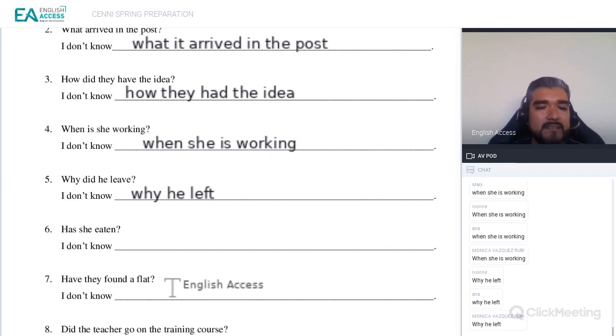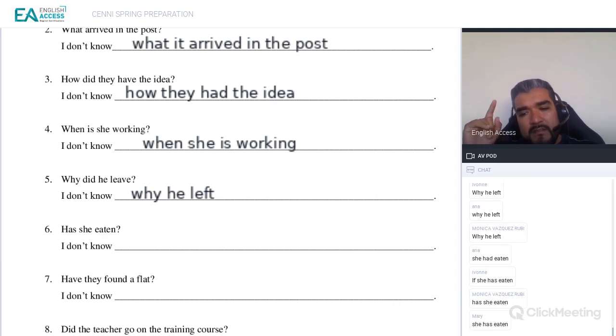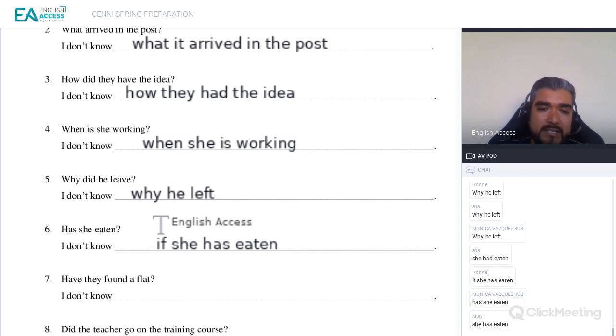Number six. Has she eaten? I don't know. If or whether. If she has eaten, right? If she has eaten or whether she has eaten. They have found a flat.